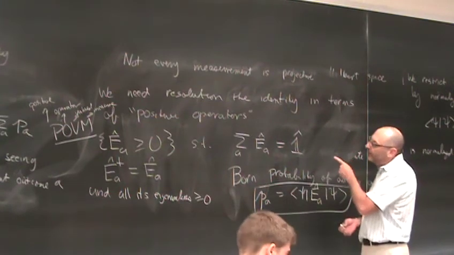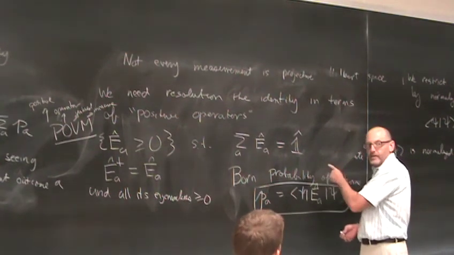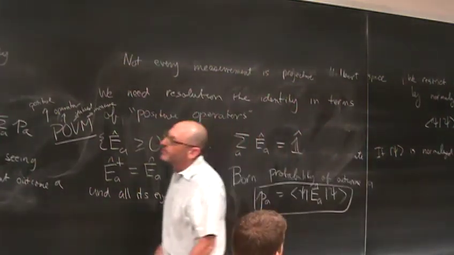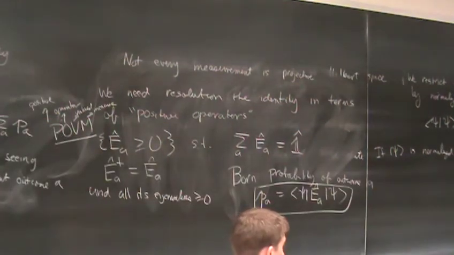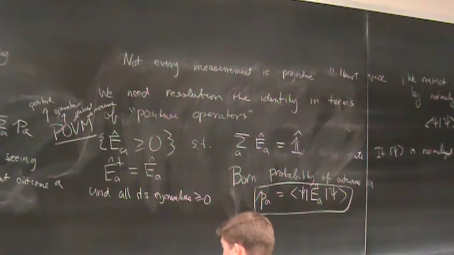The difference between a POVM, generally, and a projective measurement is that projective measurements had this connection to observables. The way we did this is we said there's an observable, we want to measure angular momentum. We try to measure it, we find one of its eigenvalues, and the probability we find that eigenvalue is associated with the overlap with the eigenvector, right?